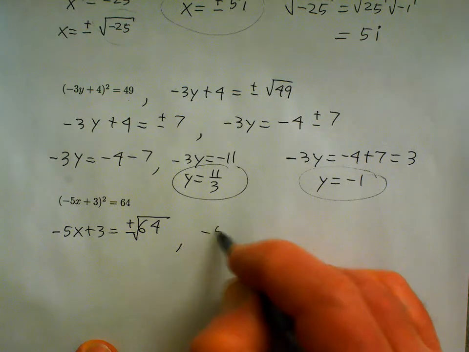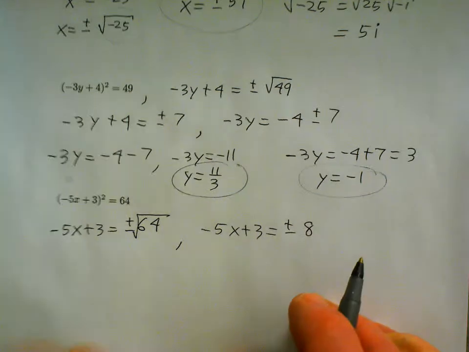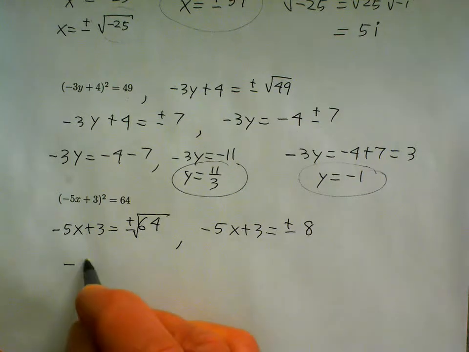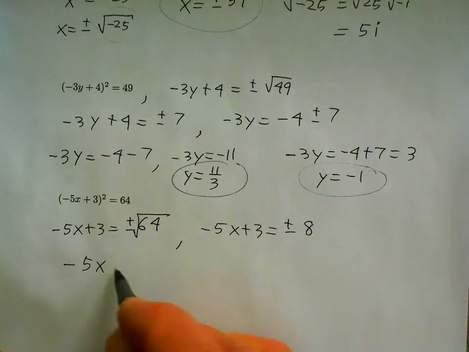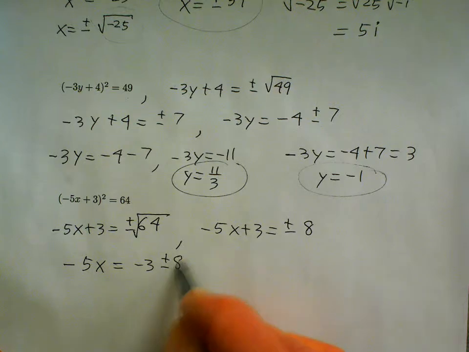And then negative 5x plus 3 equals positive and negative 8. And then negative 5x is equal to negative 3 plus and minus 8.